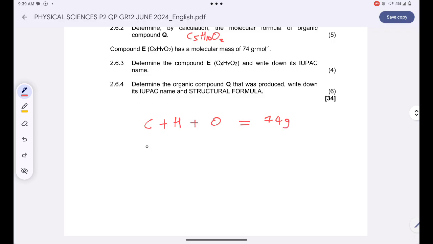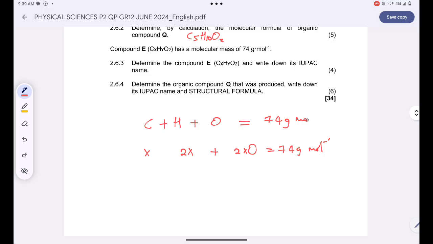If I have x number of carbons, that means I'll have 2 times the number of carbons in hydrogens. Oxygens, I already know that there are 2 oxygens. Are you together? This must be equal to 74 grams per mole.